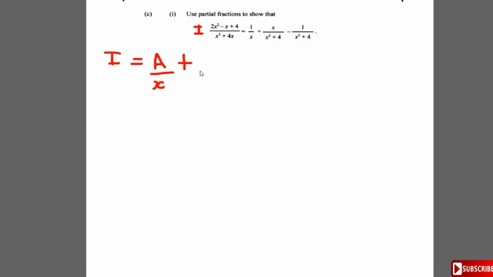So then it's going to be plus Bx plus C over x squared plus 4. This is what we're going to have.